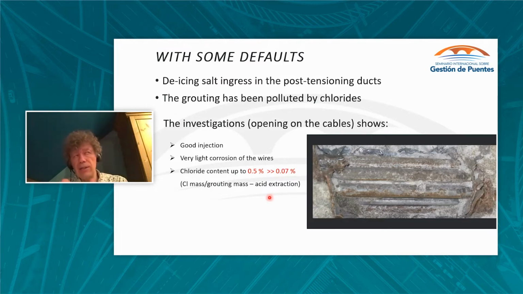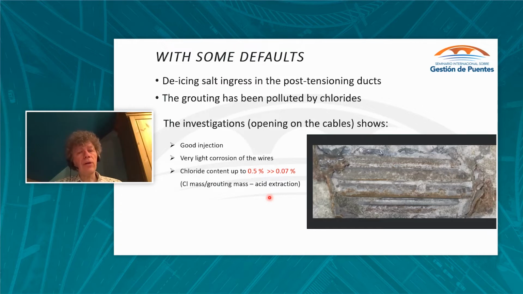There is in fact no degradation, but we know that with chloride and with a little moisture content, we can have with time important corrosion, and we know that corrosion on post-tensioning cables is very problematic.